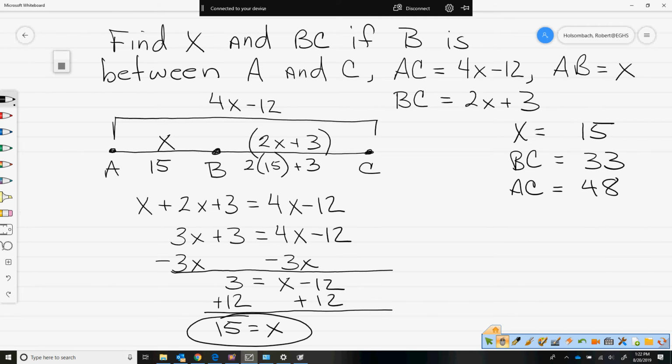Where the x was, we put a 15. 2 times 15 is 30, plus the 3 is 33. This piece was just x, so whatever x was equal to is the length of that piece. And then you just add it up, right? Yep, and then you add the 2 smaller pieces together to get the entire piece.